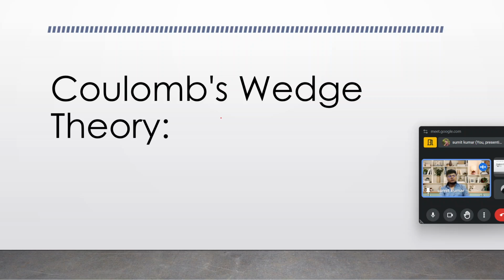Now we move to the Coulomb wedge theory. Up to here we have been talking about the Rankine theory. Now we are moving in the direction of understanding the Coulomb wedge theory, its assumptions, and how we proceed. As you are aware, in the very second slide of today's lecture we saw some names in that picture.